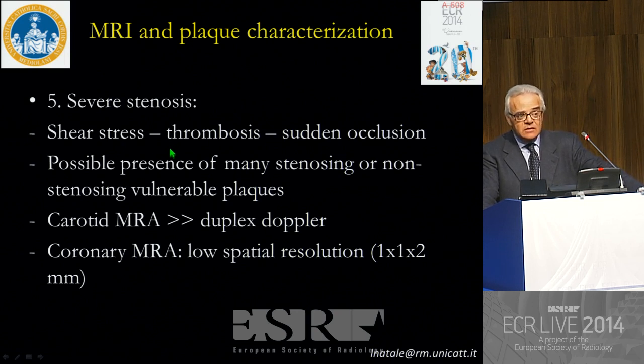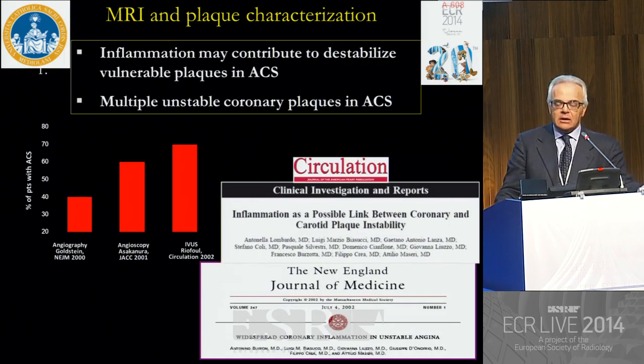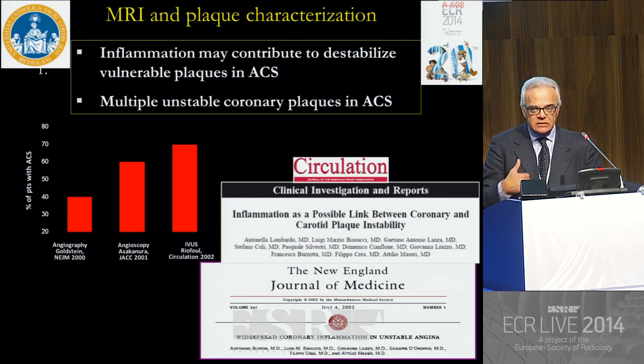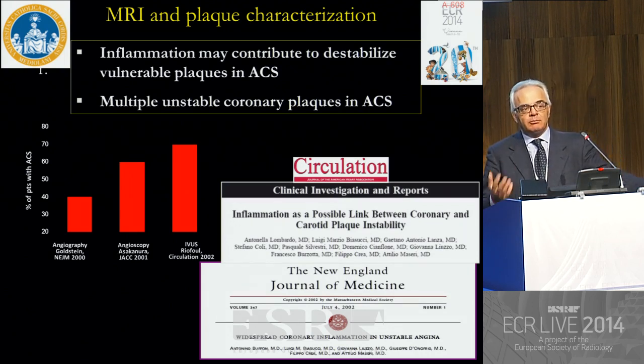For carotid arteries, it's a little bit different, and I try to demonstrate this through another important factor that goes beyond only the problem of plaque vulnerability, but is enlarged to the patient and blood vulnerability.